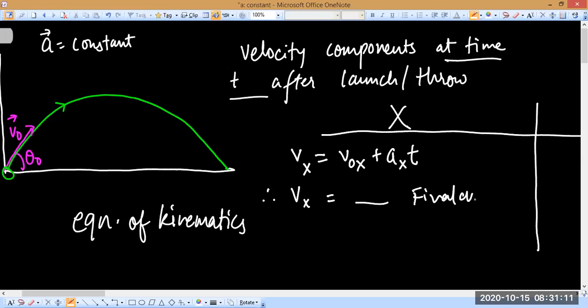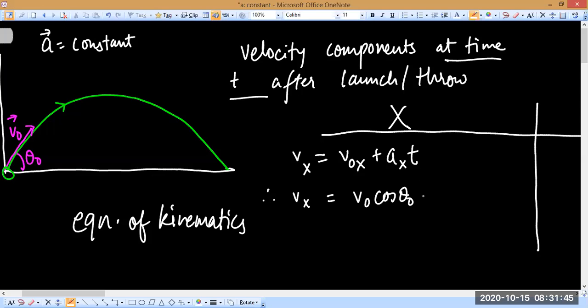Tell me what we should get. Yes, the final answer is going to be v0 cos theta 0, not capital, v0 cos theta 0.